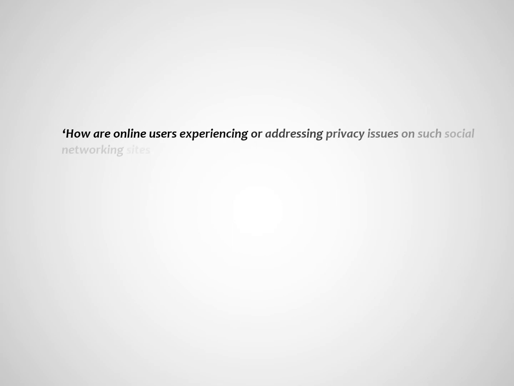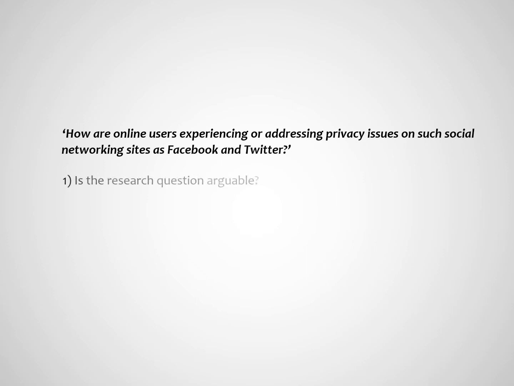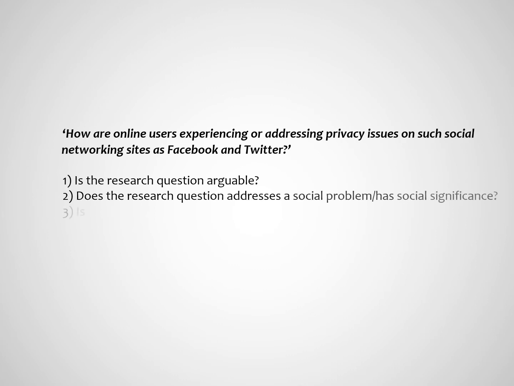Let us look into an example of a potential research question, or a potential research project based on this question. So the question in this example is, how are online users experiencing or addressing privacy issues on such social networking sites as Facebook and Twitter?